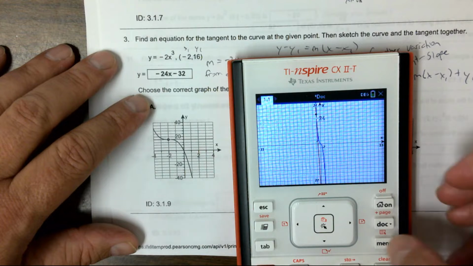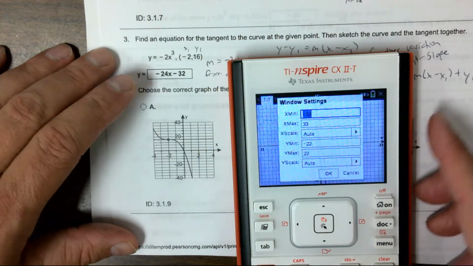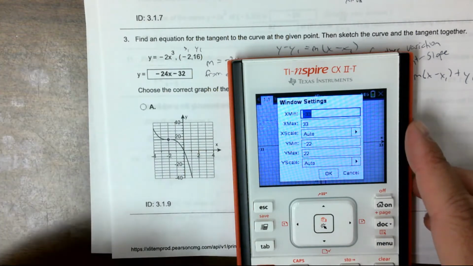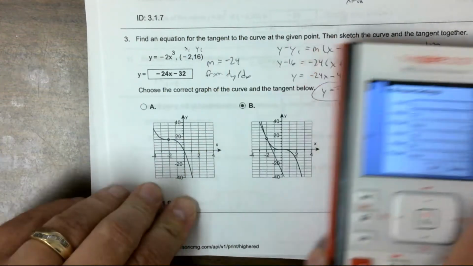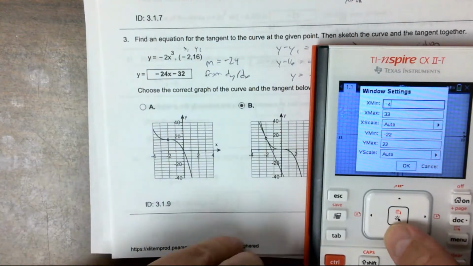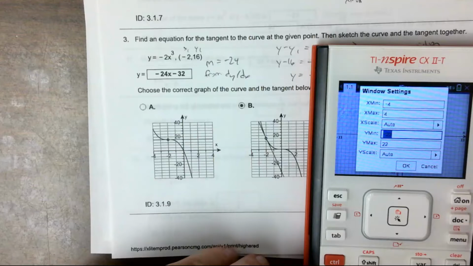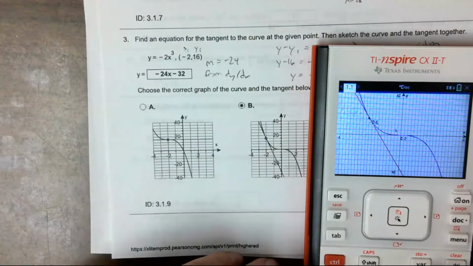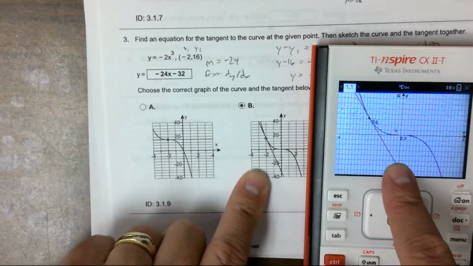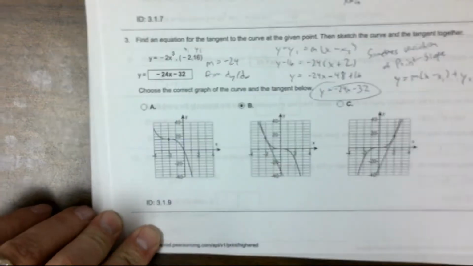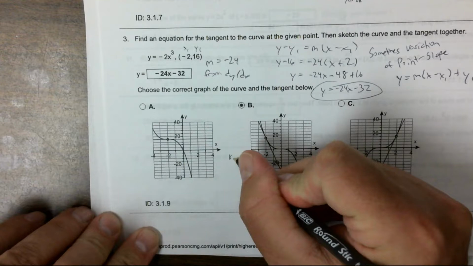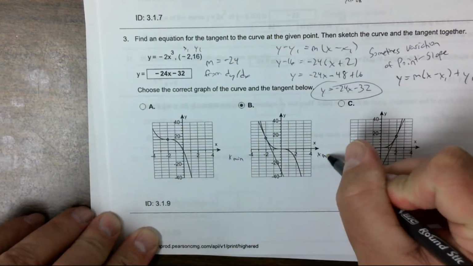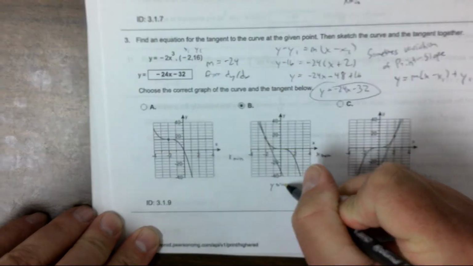And again, change your settings. -4 to 4, and then -40 to 40. So it's going to look like that. So again, x minimum, x maximum, y minimum, y maximum.